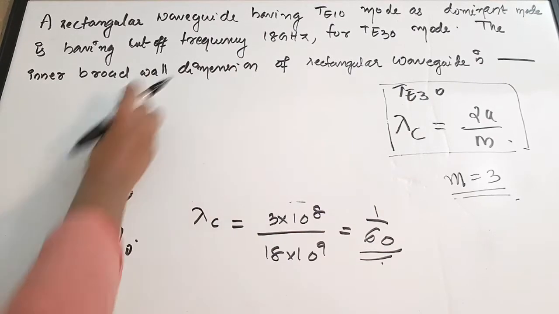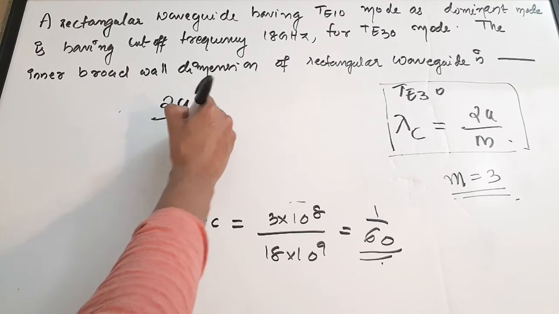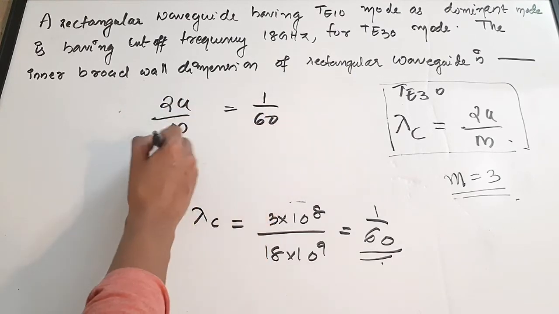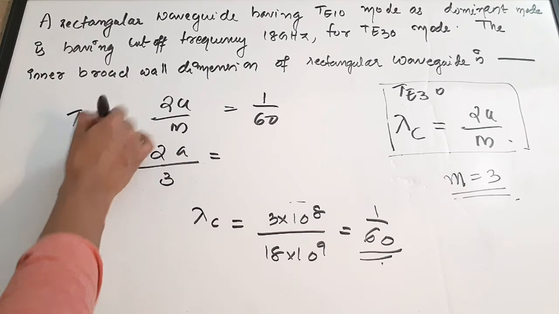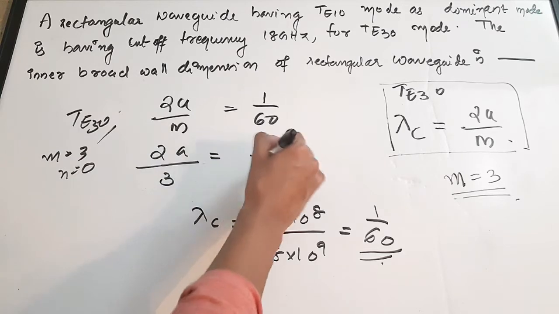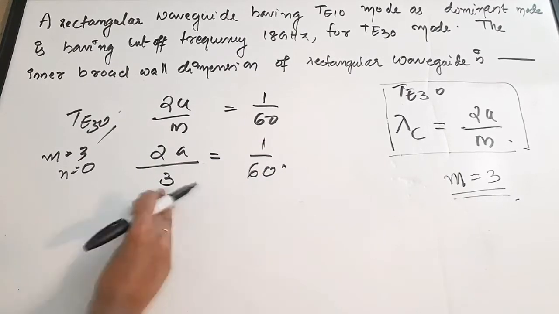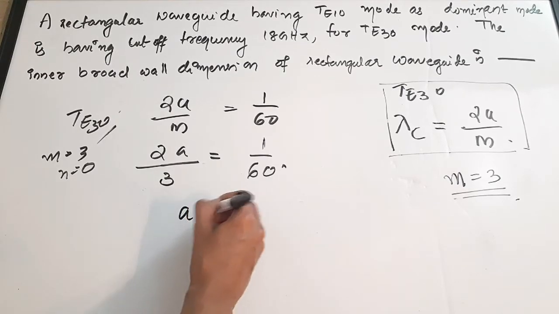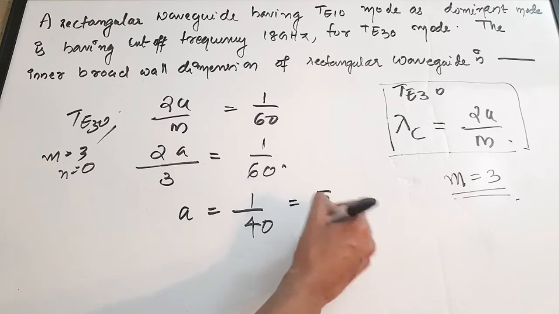That is a simple logic. I'm going to equate 2a by m is equal to 1 by 60. Since it is TE30, m is equal to 3 and n is equal to 0, so 2a by 3 is equal to 1 by 60. From that, you will get a is equal to 1 by 40, that is 5 by 2 centimeters.